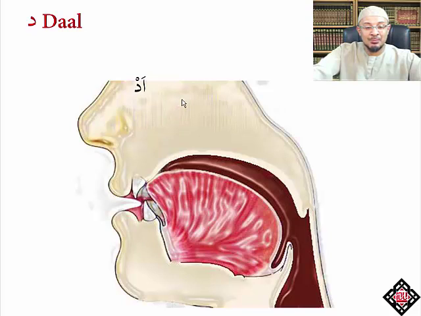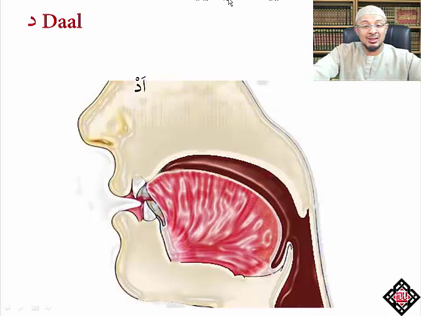So for example, if I say ad, I stop there and look at where exactly my tongue is. Is it in the proper place? Is it on the teeth? Is it deeper in the gums? For example, if I do the English ad, you see that it's going deeper than the proper makhraj. Or ath, it's going more to the teeth, it's softer than the ad.